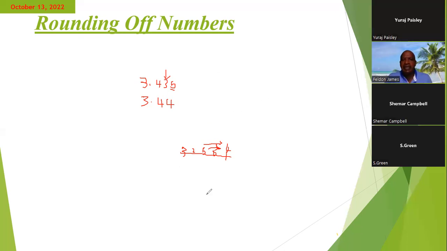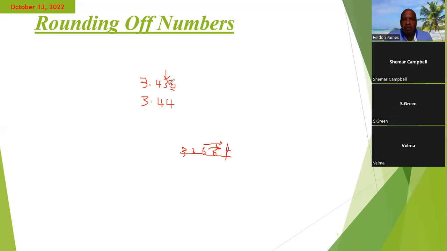All right, so we are saying that this digit 5 here is half of 1, half of a whole. And if it is less than 5, it would be closer to 3.